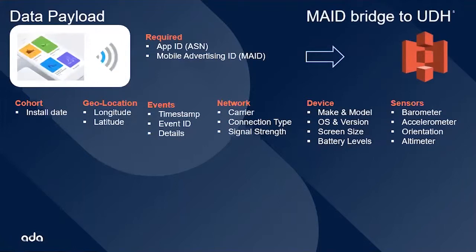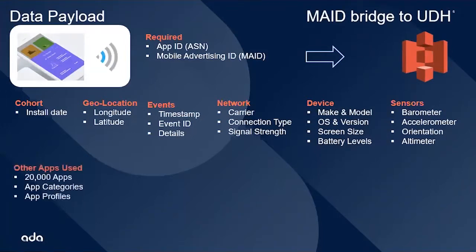So in a shortened version, which you have already seen, I think in other webinars, just a little reminder that the data collected in UDH comes from about 20,000 different apps. So all of these apps are categorized, into is it games, and if it's a game, is it a puzzle game or a strategy game? Is it financial apps or utilities, entertainment, things like that?